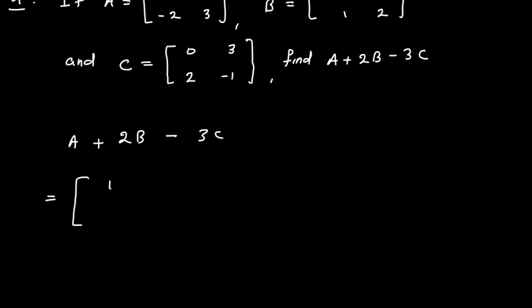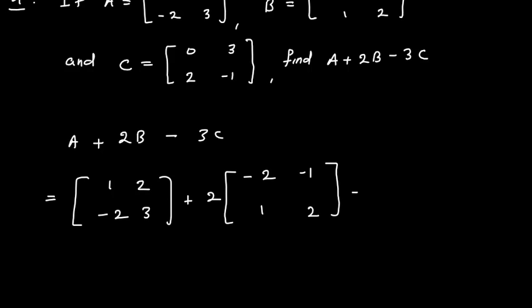It is 1, 2, minus 2 and 3. Then you have plus 2 times the value of B, which is minus 2, minus 1, 1 and 2. Then minus 3C. The value of C is 0, 3 and 2 minus 1.